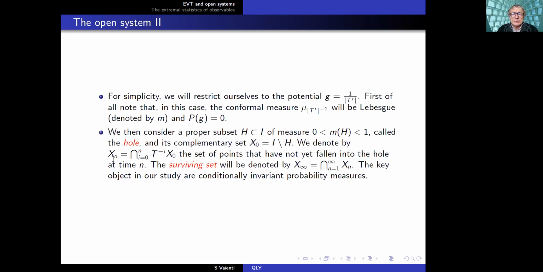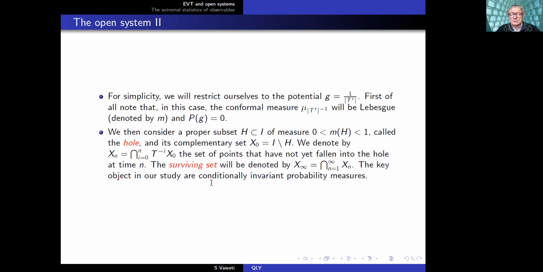So we have to take the preimage of any order of the hole, and then we send n to infinity, and at the end we come up with the set of points X_infinity, which are the points which never enter the hole during the iterations in the future. This set is called the surviving set. Now, one question could be: are there points in the surviving set, and what kind of set is left at the end?